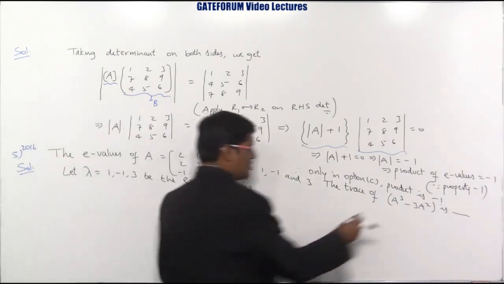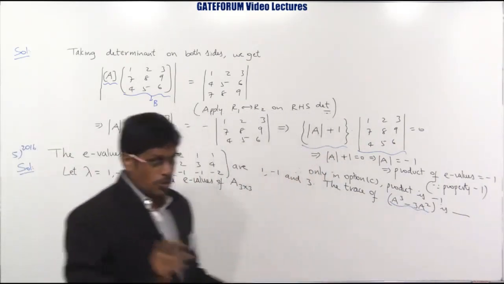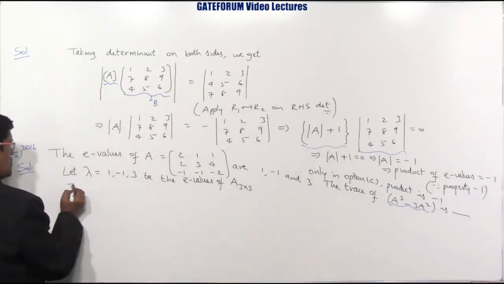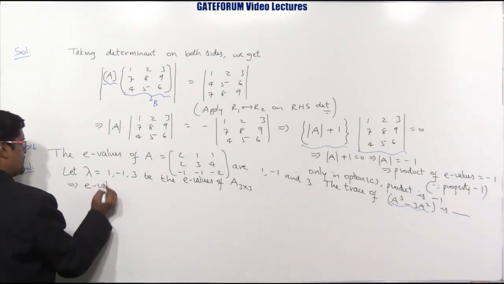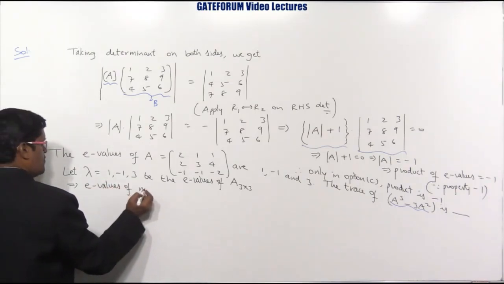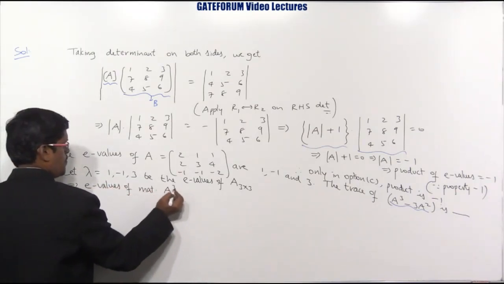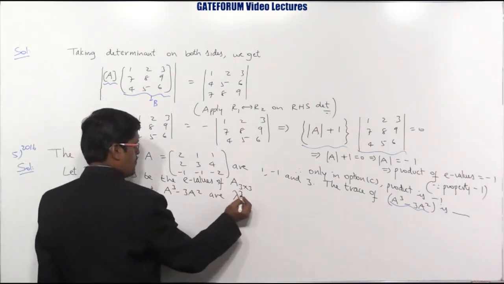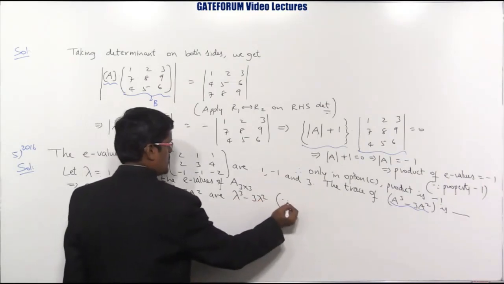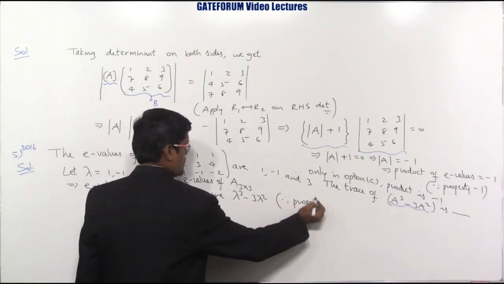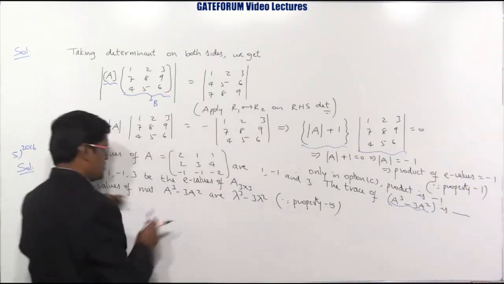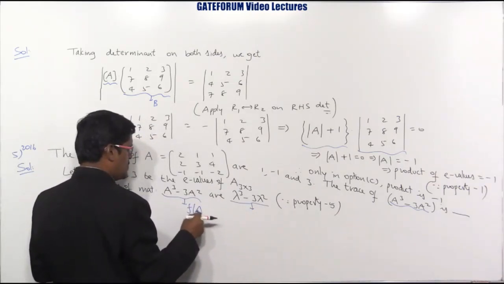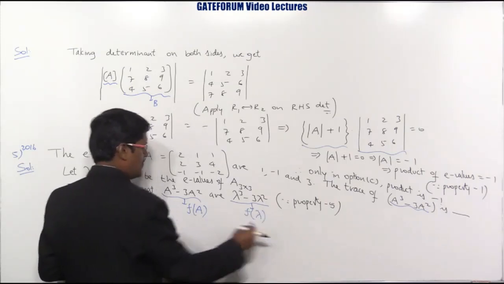First concentrate on which matrix we are finding the trace of: A cube minus 3A square. I want to find the eigenvalues of A cube minus 3A square, which are lambda cube minus 3 lambda square, by property 5, since this is a polynomial in A. If you denote it f of A, then A is replaced by lambda, f of lambda.